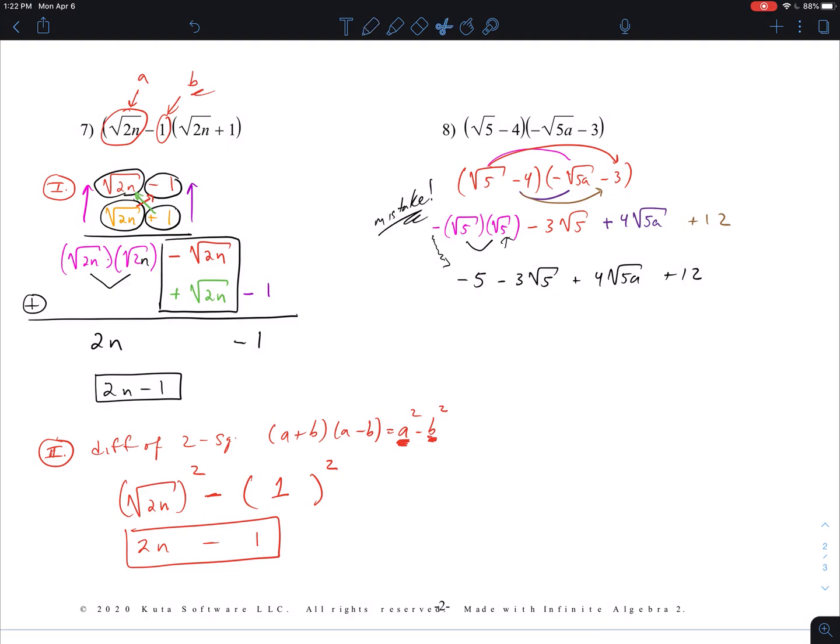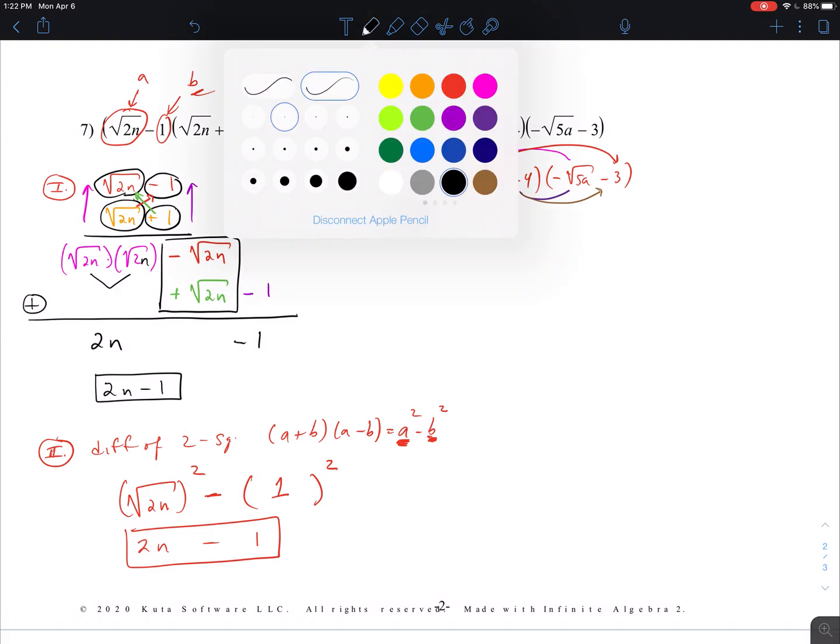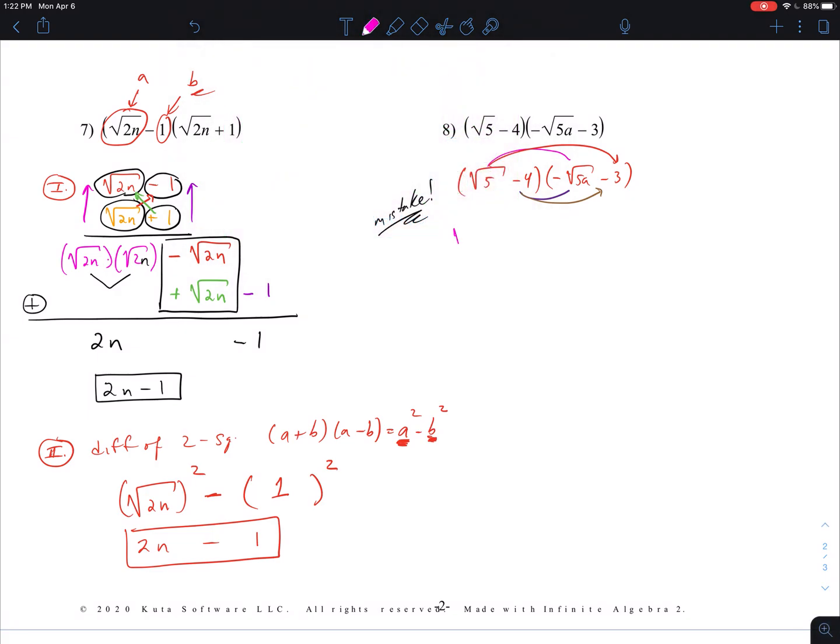I can actually do this very quickly since we have all the colors already there, and we'll make sure everything is the same. So I think we used pink first. That would be the square root of 5 times the negative square root of 5a.